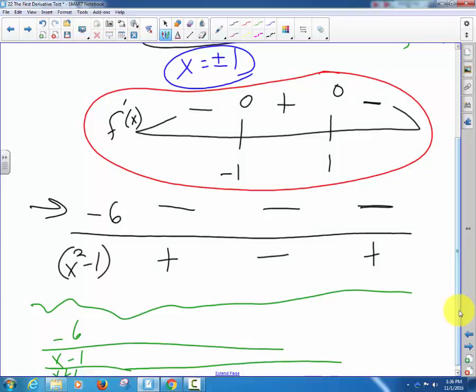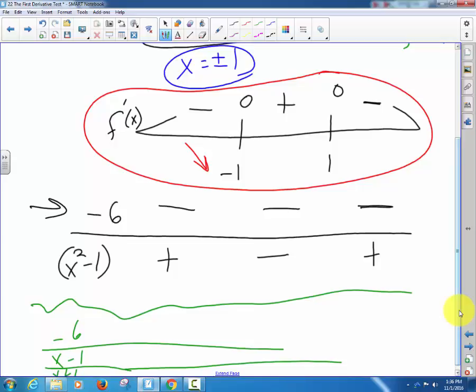How would you go about it? Well, let's see. This says the function's going down, right? So we don't know what the function looks like, but we do know it's going down.